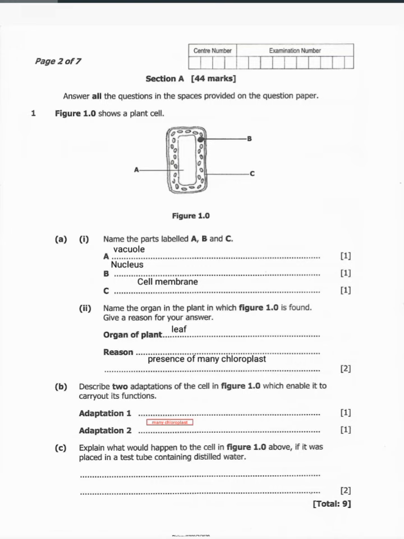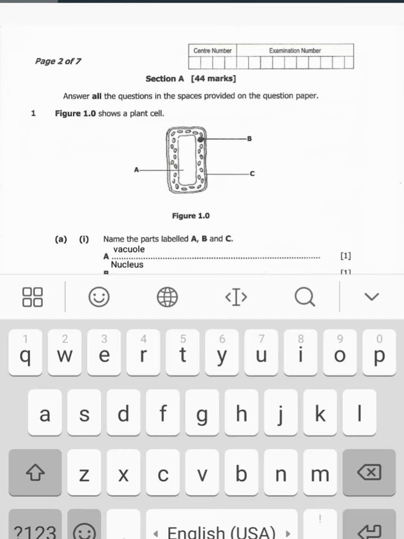Okay, that is our first adaptation. Then we can put another adaptation. This adaptation is its shape.